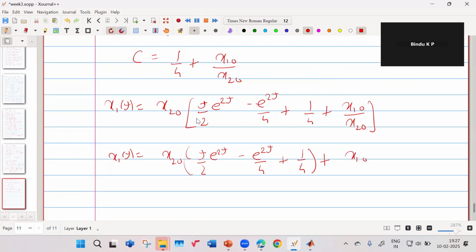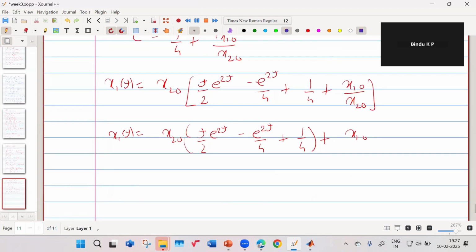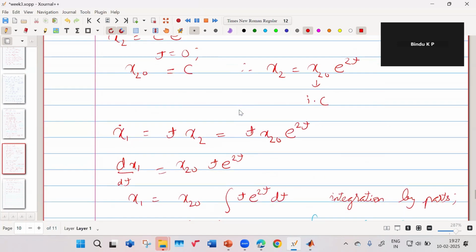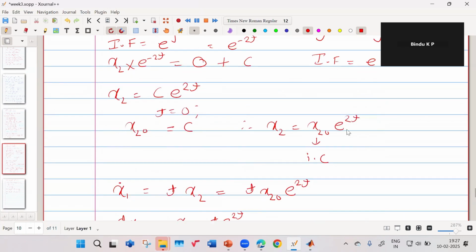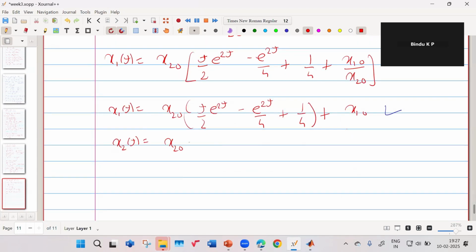So this is the expression of x1(t), and our x2 of t is given by x2(0) into e to the power 2t. These are the two equations of x1(t) and x2(t) as functions of time and initial conditions.